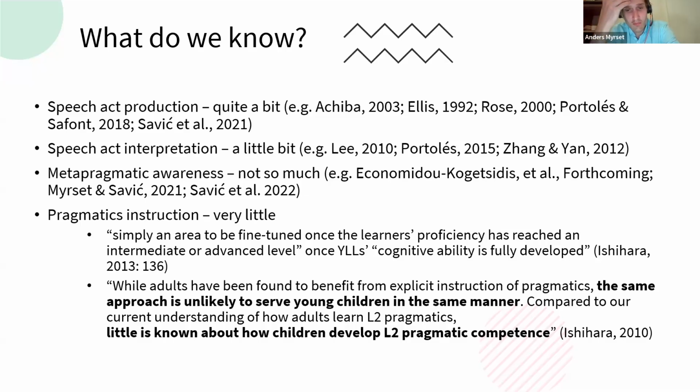We don't know if it's the same because there has hardly been any research on it. And the same with development, or how adults learn L2 pragmatics. We know a lot, whereas we don't know very much about how children develop L2 pragmatic competence. So in sum, it's a field that is growing.